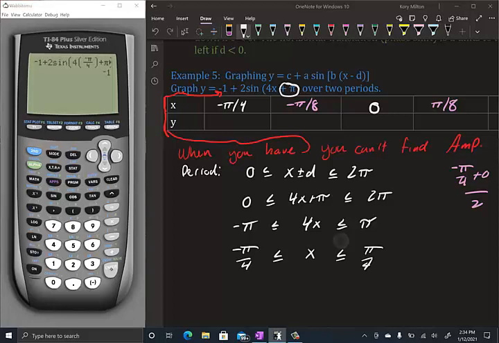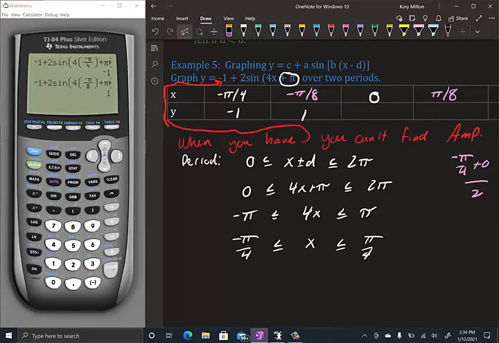And we get -1. Now let's find our second one to figure out what the pattern is. Everything is the same except the x. So instead of negative pi over 4, it's negative pi over 8. And we get 1.